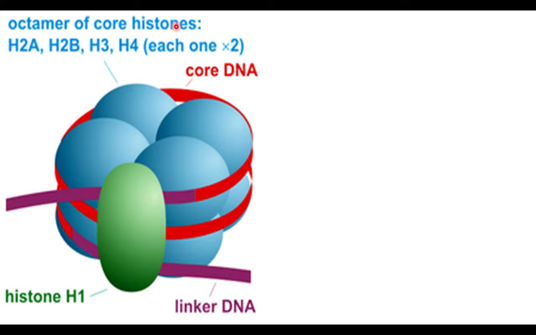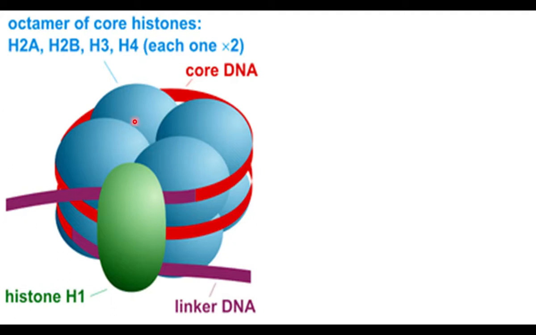Histones are proteins. 2 molecules of H2A, 2 molecules of H2B, 2 molecules of H3 and 2 molecules of H4 form the histone octamer, 8 molecules in total. They form a central part, and the histone octamer is wrapped or coiled by DNA.